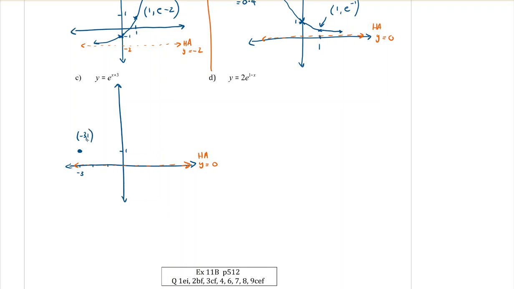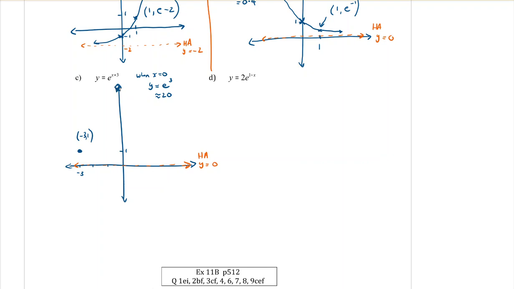I need to find my y-intercept, which means I'm going to have to sub in when x is equal to 0. And that is y equals e to the power of 0 plus 3, which is just e to the power of 3. If you type e to the power of 3 in your calculator, that's approximately equal to 20, just to tell you how steep it is. It's going to be really, really high, way up here.